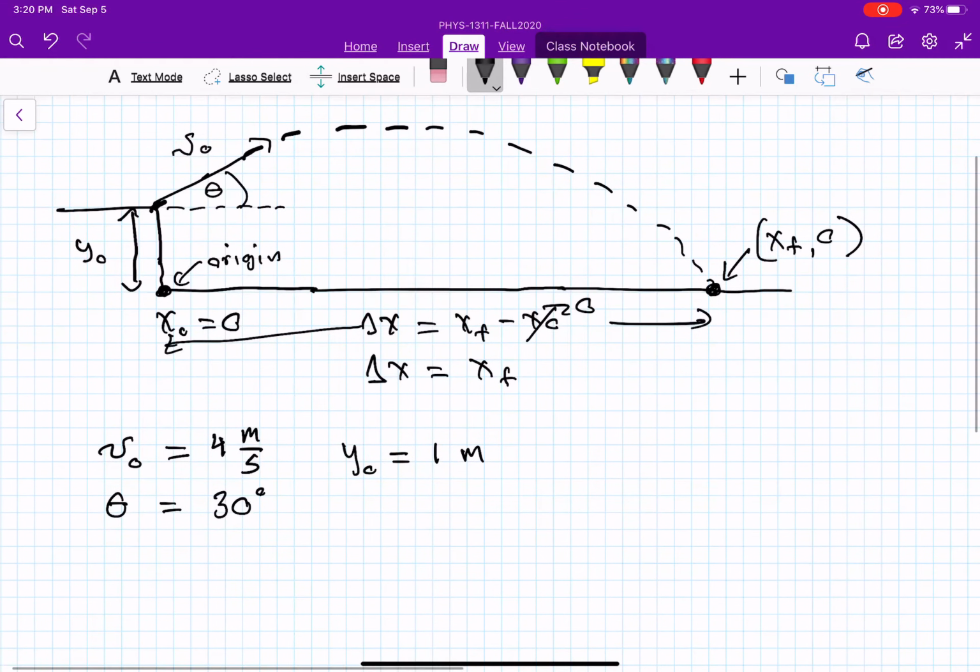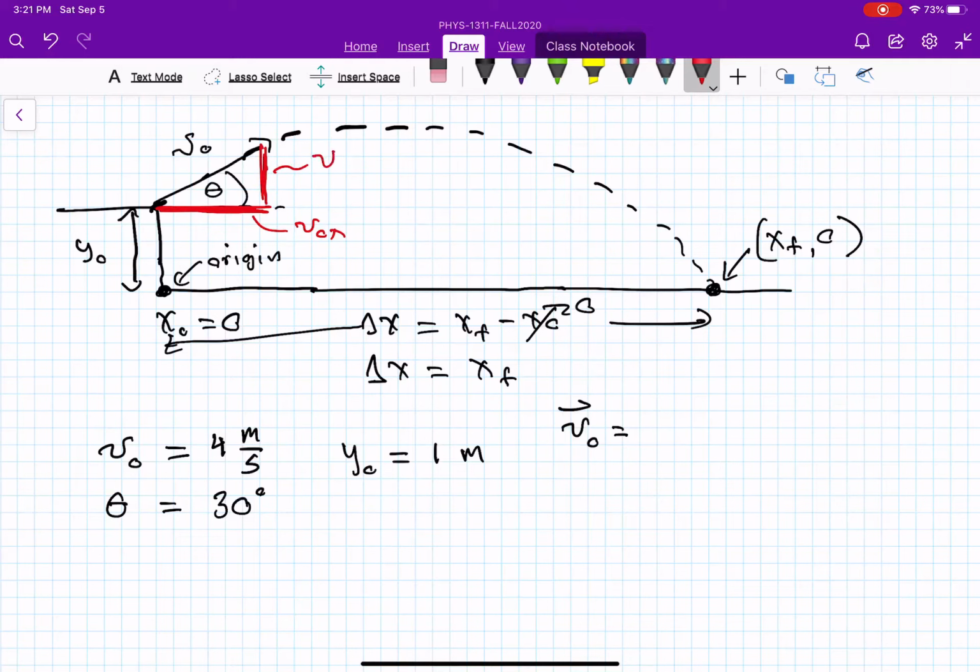So immediately we can go ahead and say a few things about what the initial velocity vector is. The v0 vector is going to have a vertical component and a horizontal component. The horizontal component is the x projection of this vector. So this is v0x, and then this is v0y, the vertical component.